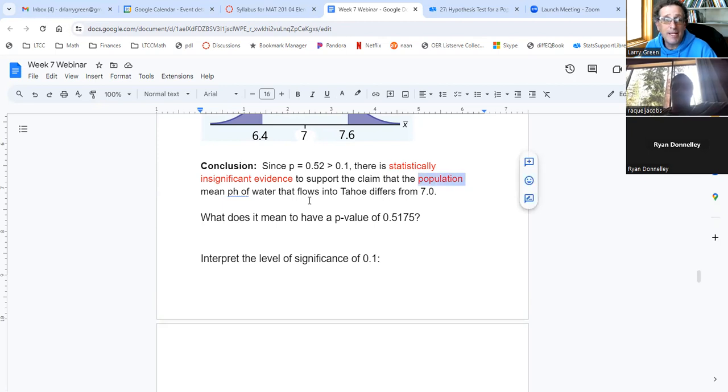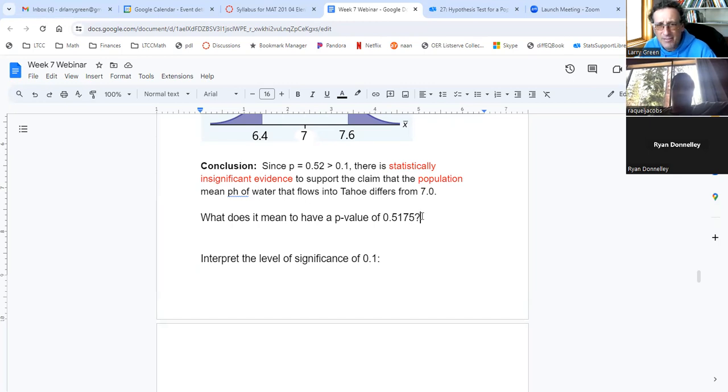If you don't have the word population and you don't have the words statistically insignificant evidence, I take off points. Just note, when I highlight something in red, that means you have to have it. And if you're colorblind, statistically insignificant evidence, highlighted. Population, highlighted. Any questions on that?